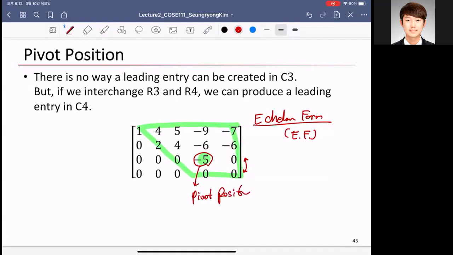Okay. So in other words, there were 3 pivot positions here, here, and here, right? If we go back to our original matrix, the pivot positions do not change.